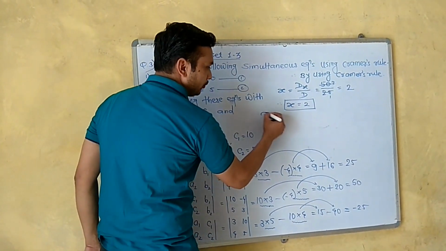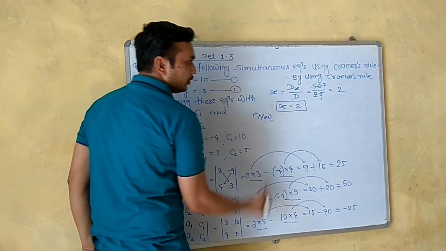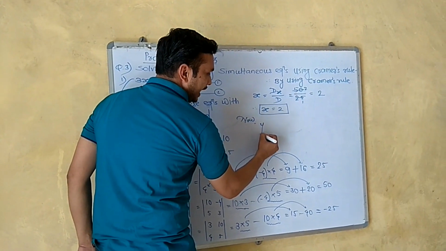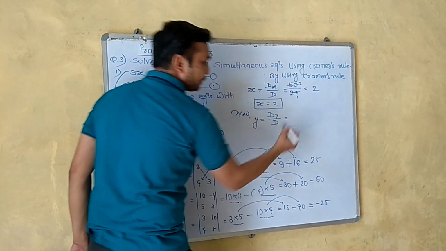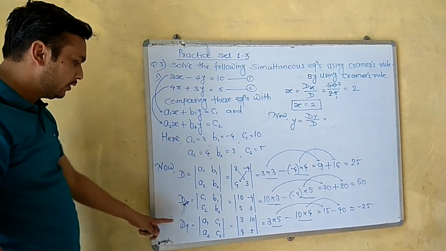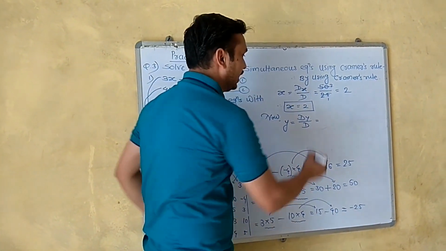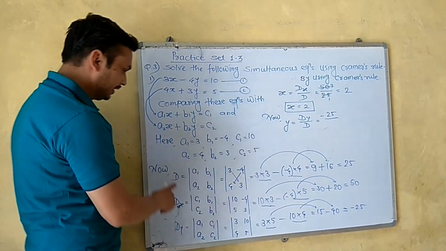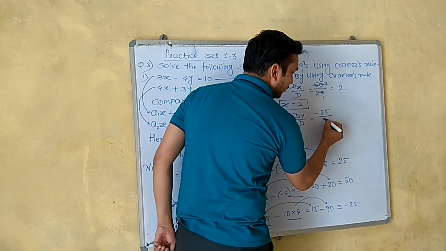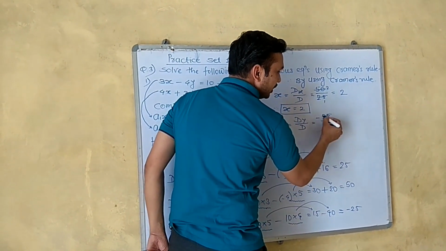Now y equals to dy upon d. What is the value of dy? Minus 25. So minus 25 upon d. D means 25. 25 ones are 25.